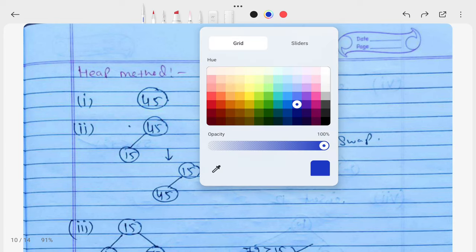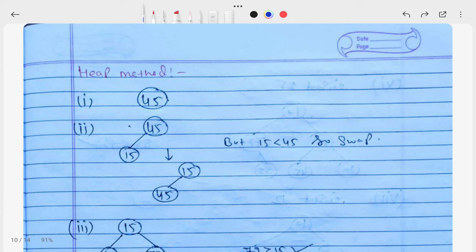The first data was 45, so I have written 45 in one node. According to the property of complete binary tree, the next data is 15, which you will place here.